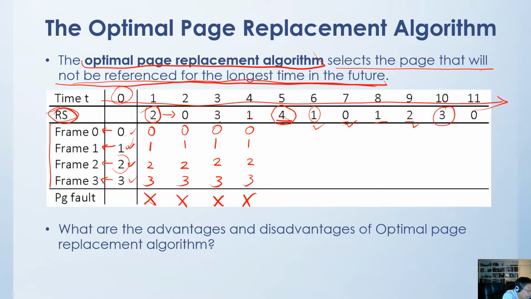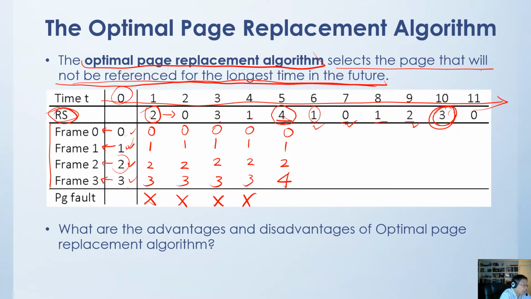Okay, we have 0, 1, 2, 3, and 3 is the farthest from this page reference 4. So what we're going to do, we're going to replace the page in frame number 3, right? So we replace frame number 3.